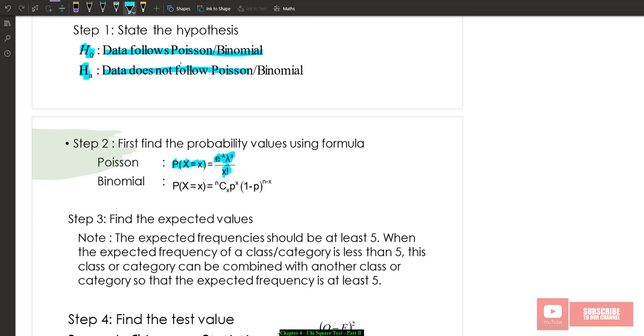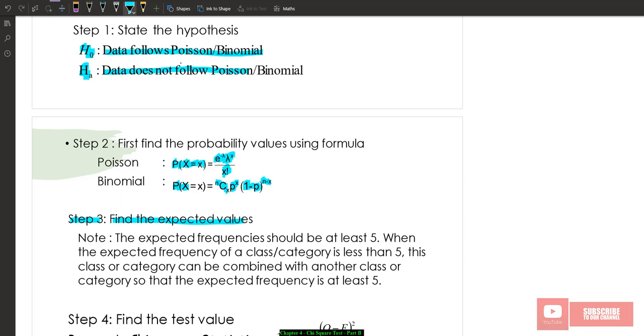If you are testing for a binomial distribution, the probability of x should be equal to n choose x multiplied with the probability of success to the power of x, and then q, or 1 minus p, to the power of n minus x.